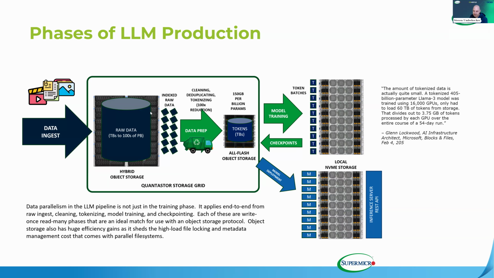An object store is perfectly suited for this early stage, and it's very well suited for the next stage. But since you're getting this massive reduction, this next object store can be all flash in a cost-effective way. And with the QuantaStor platform, we can have this tier be both object and a parallel file system at the same time.